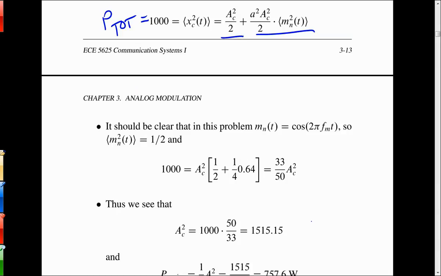And because our message signal is this cosine, it has a power of 1/2 in its normalized form. So that's why there's a 1/4 thrown up in here, because that's the 1/2 times the 1/2 that comes from right up in there. So this is just a squared. Put those numbers together and you get the 33 over 50 times AC squared.